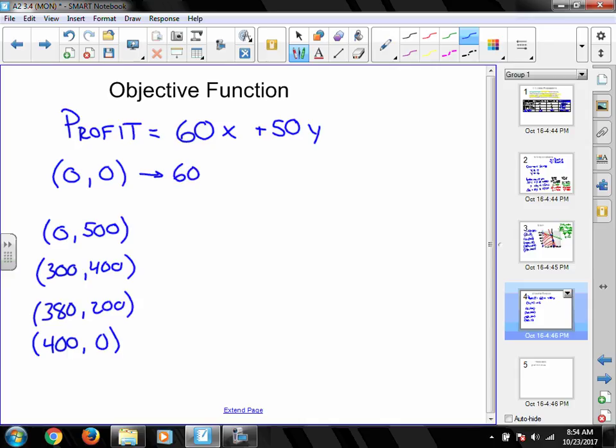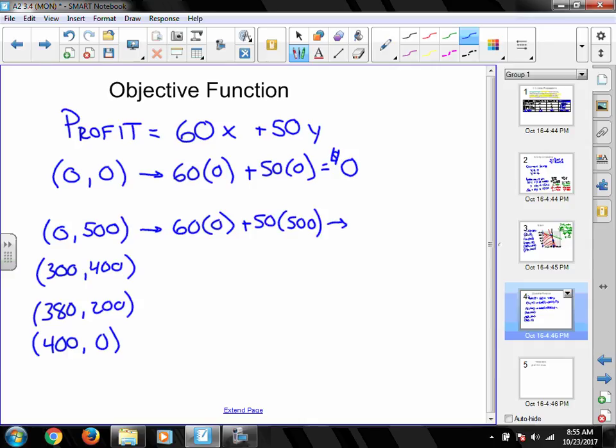So you're going to get 60 times 0 plus 50 times 0 to get a profit of $0. You're going to get 60 times 0 plus 50 times 500 for a profit of 25,000.